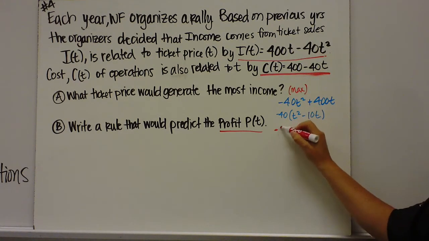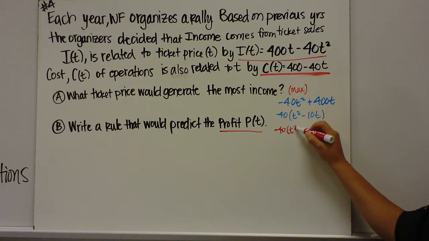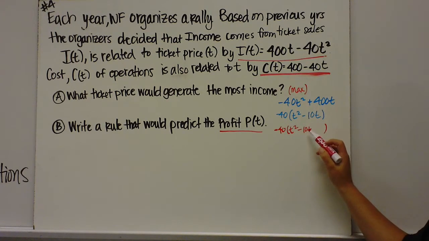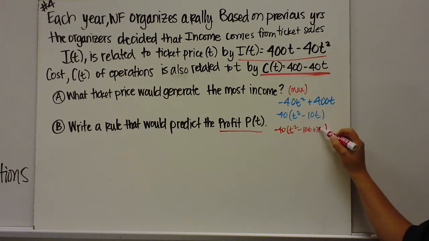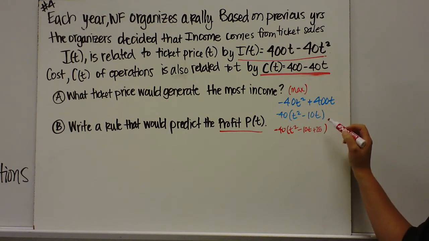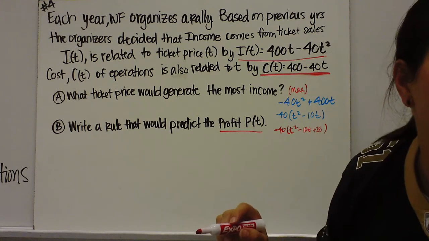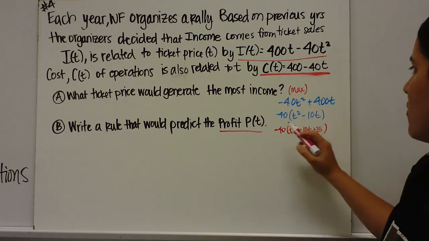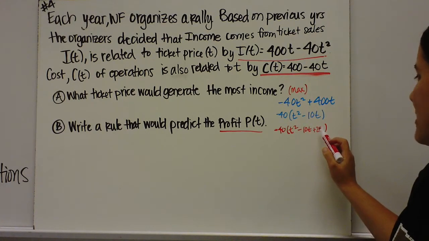Now notice my positive became a negative because I factored out a negative 40. I'm going to complete the square. So I would take negative 10 divided by 2, negative 5, square it, and I would get 25. Negative 40 times 25 is, I don't have my calculator.